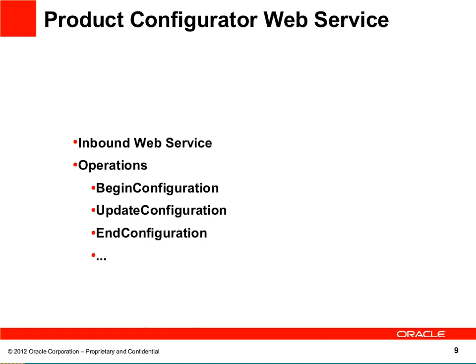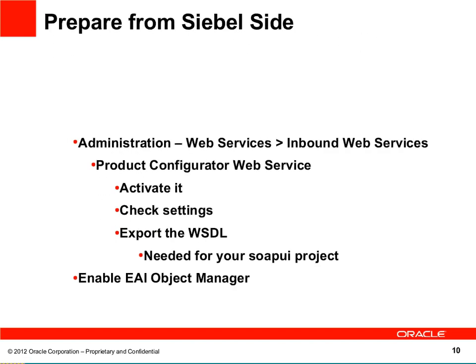Now, what do we need to do in preparation from the Siebel side? First, we have to make the web service available to be used. We need to check some settings, and we need to export the WSDL file, which contains the description of the web service in terms of an XML structure, and which will be used by soapui to create sample requests.